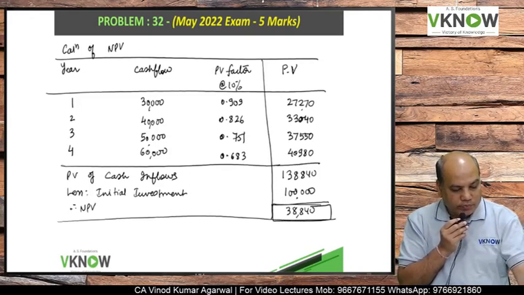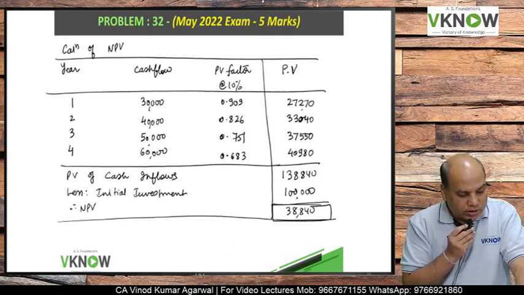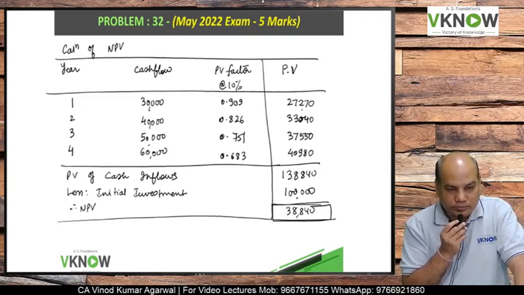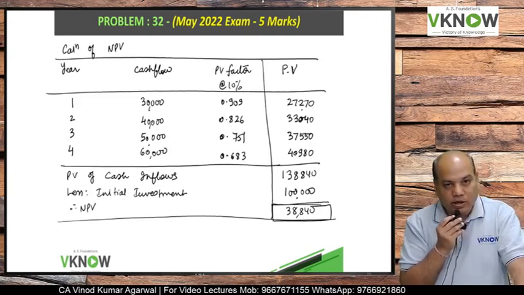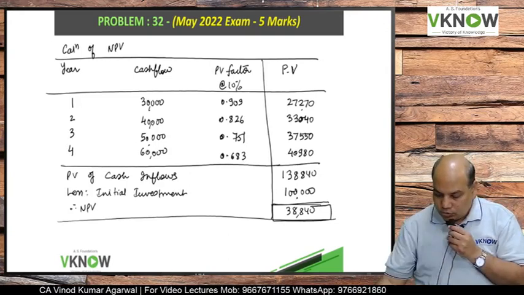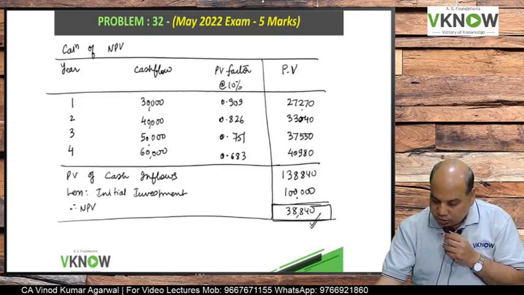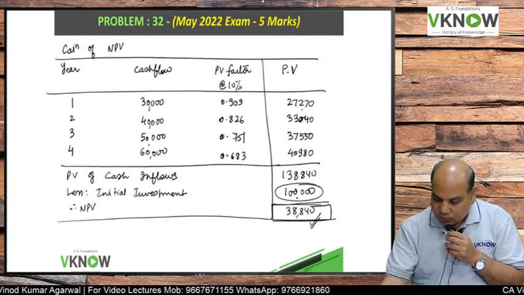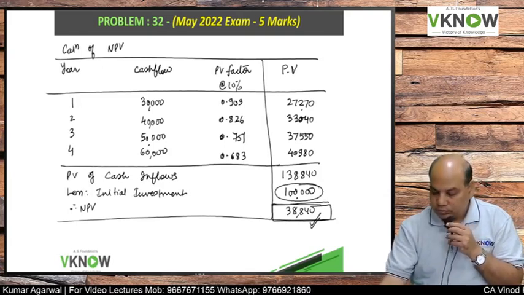Now you have to see what is the question. Measure the sensitivity of the project to change in initial project cost and annual cash inflow. So you have an NPV of 38,840. Your initial project cost is 1 lakh.